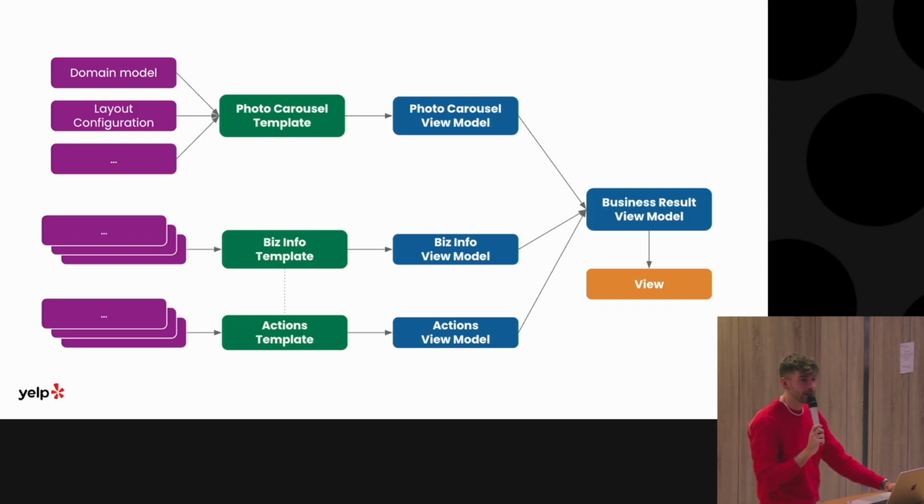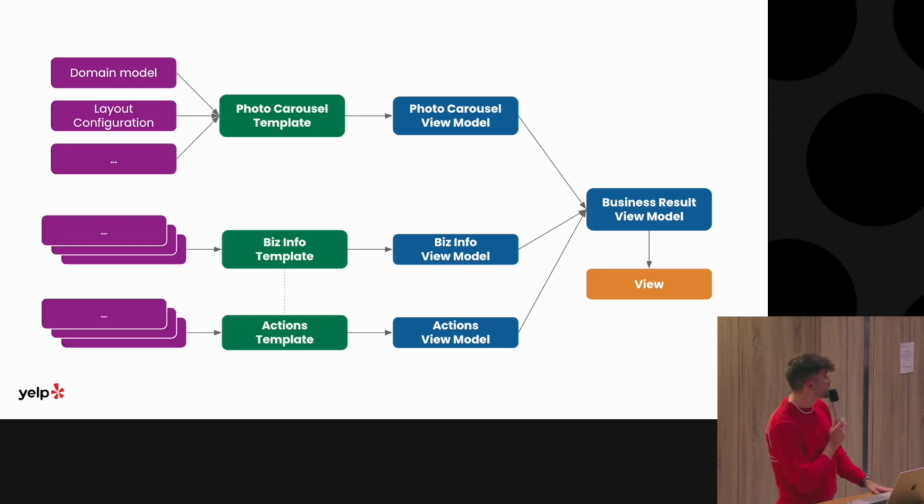Each UI element can have different layouts, different templates. The template basically takes as parameters the domain model, so in the case of the photo carousel, the array of photos. It takes the layout configuration, which is what the backend is sending, and a bunch of other dependencies like experiments, the analytics manager, anything that you can think about.